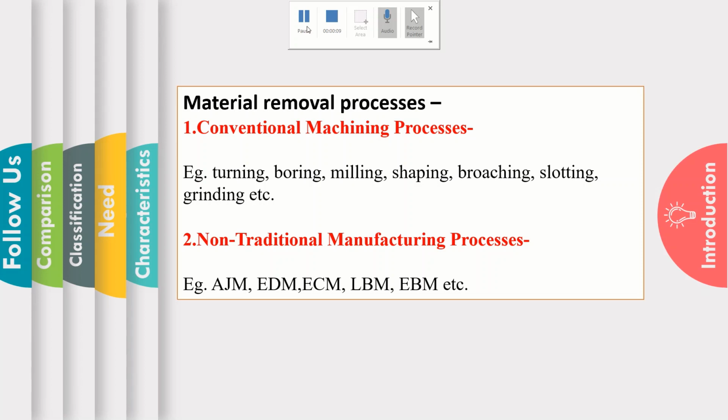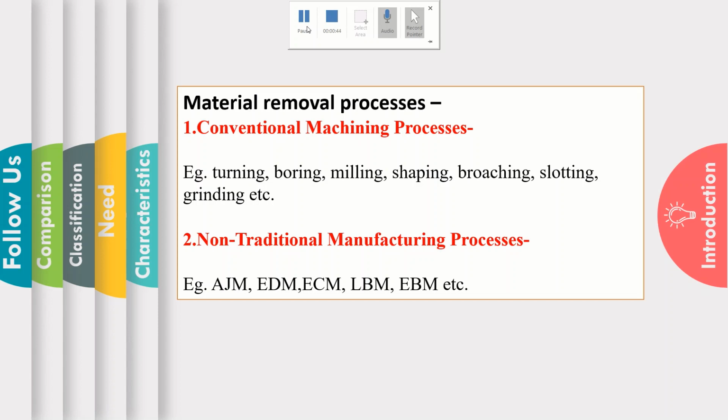It is defined as a group of processes that remove excess material by various techniques involving mechanical, thermal, electrical or chemical energy or combinations of these energies, but do not use a sharp cutting tool as is needed for traditional manufacturing processes. Examples of these non-traditional processes are abrasive jet machining, electrical discharge machining, electrochemical machining, laser beam machining, etc.